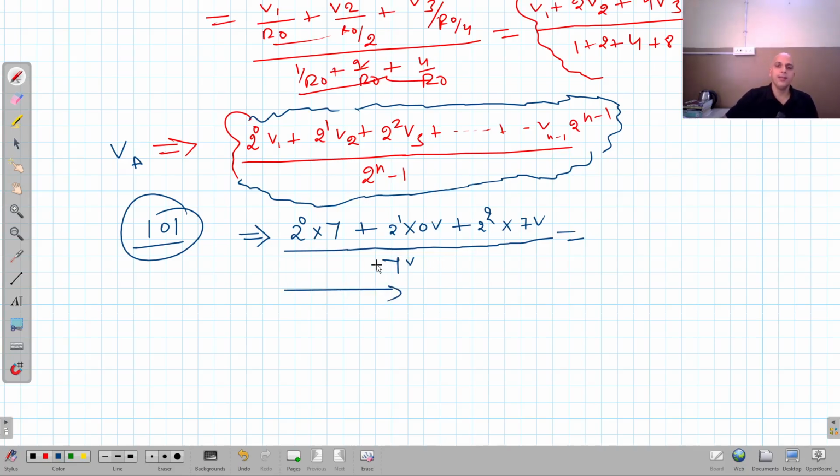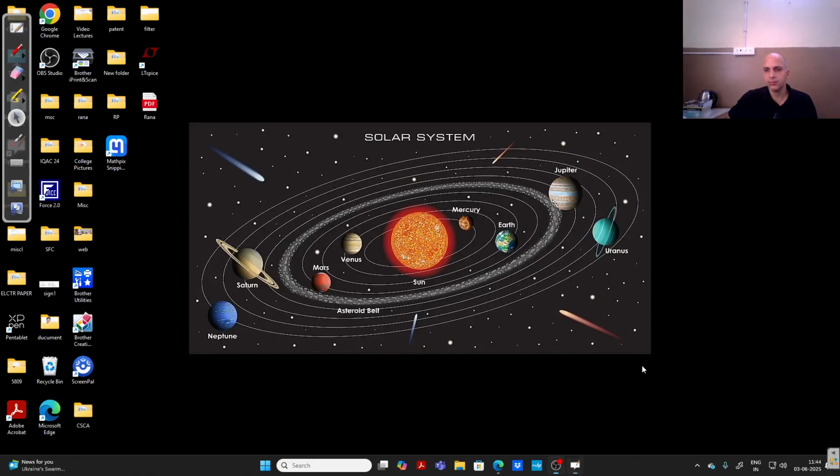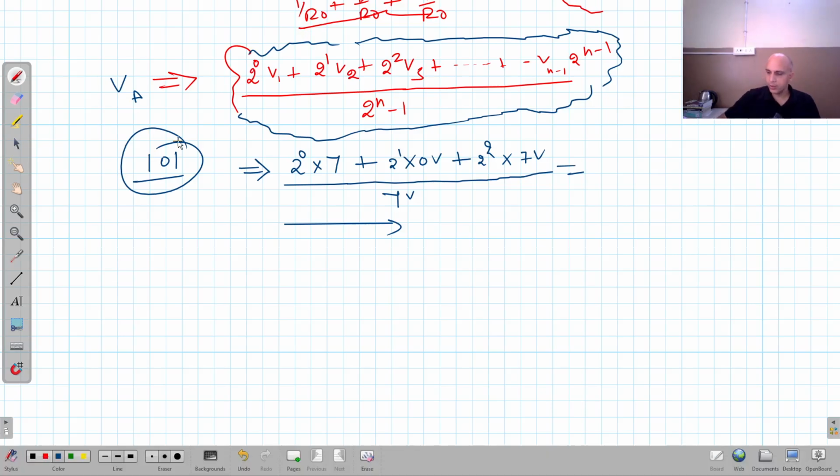You can simplify it. It will become 7 plus 0, I am ignoring it, plus 28, divided by 7, right? You will get 5. It was not volt, it was a number here. I think I wrote 7 volt in the denominator, again it is wrong; this is voltage, right?